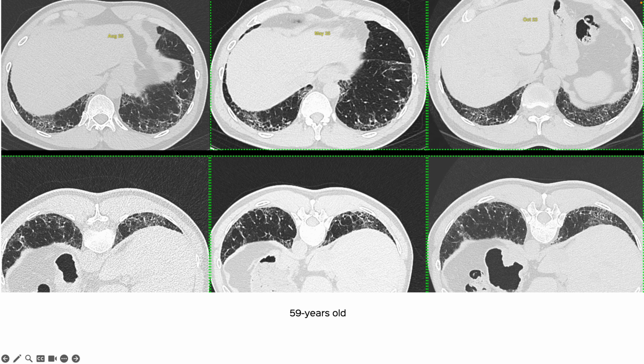Simply because the compression of the lung bases that can occur in the supine position, even with end inspiration, goes away in the prone position. And in fact, if you compare August 25 with October 23, you can see that there is minimal to mild progression of disease, which is very important because it tells us this patient has a progressive disease which needs to be treated. So this is the probable UIP pattern.